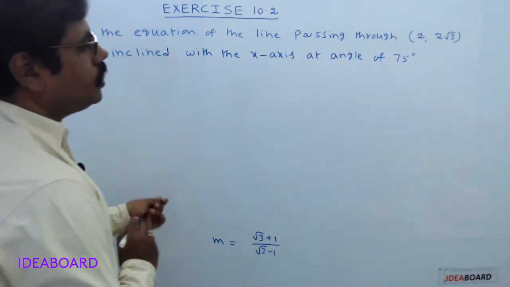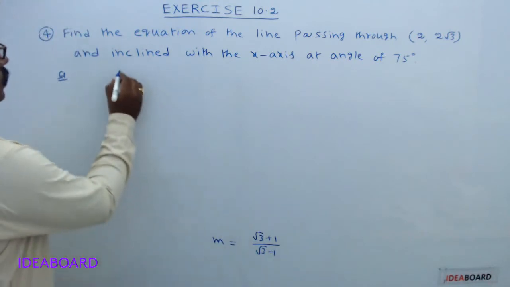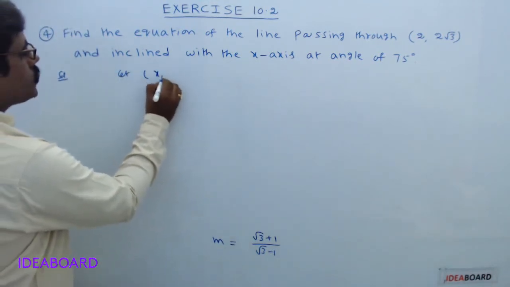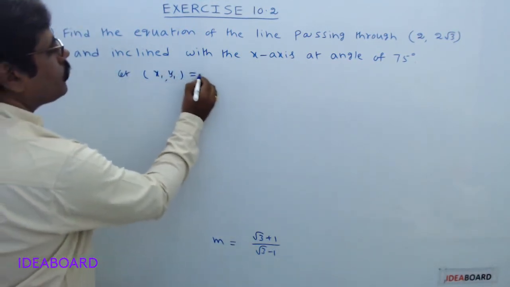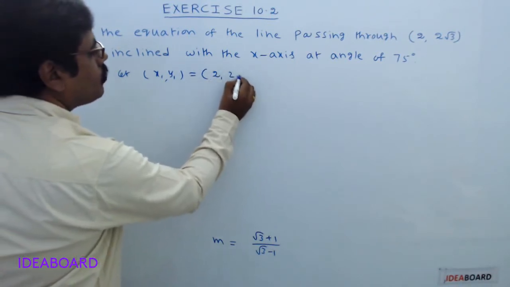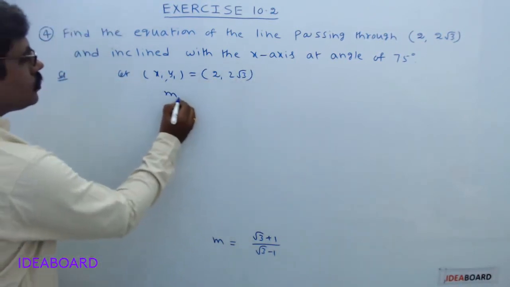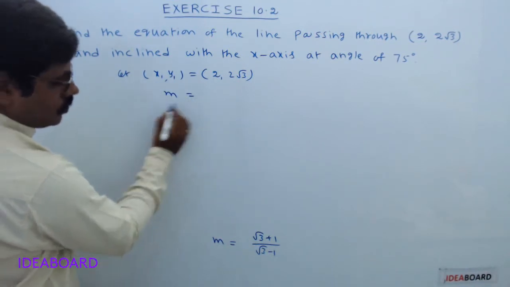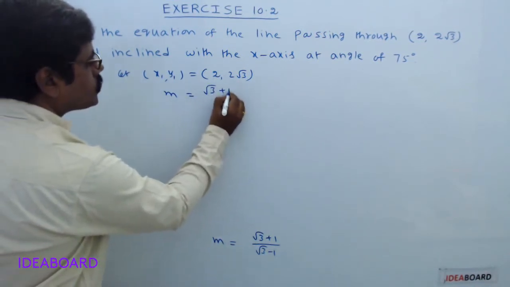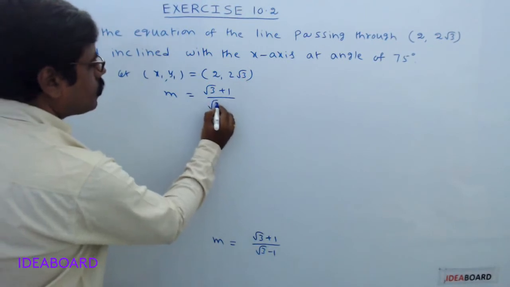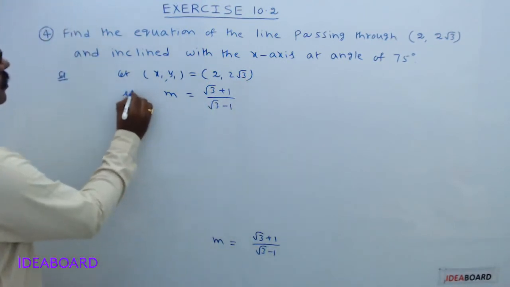Now denote the given point with x1, y1. Let (x1, y1) equal (2, 2√3). The slope of the line is m equals (root 3 plus 1) divided by (root 3 minus 1).